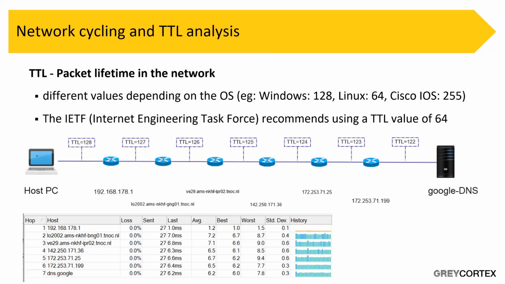Network cycling and TTL analytics. You all know, or you don't know, I hope you know, that you can run a traceroute on a router or an endpoint, and it will count the number of hops to reach the target. I show you below one of the outputs.